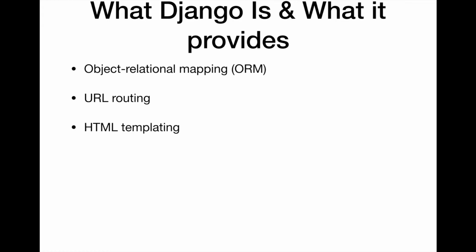Another feature which Django provides is HTML templating, which allows us to insert data into our HTML. So you can create an HTML template, and at runtime you can put in data and make it dynamic.